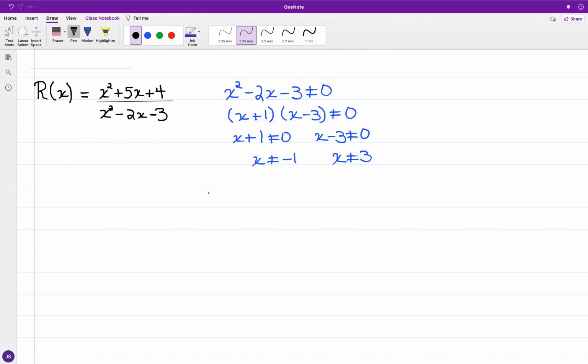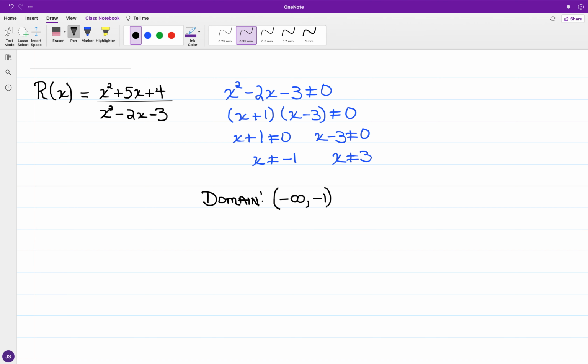So for the domain of this rational expression, we have all the real numbers except for these two. Applying the layers, with negative 1 as the smaller restricted value, at the least end the values x in the domain are those less than negative 1.